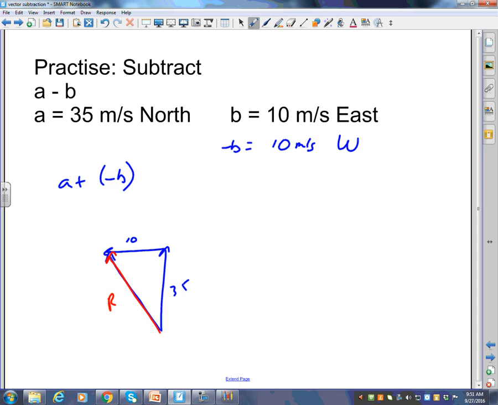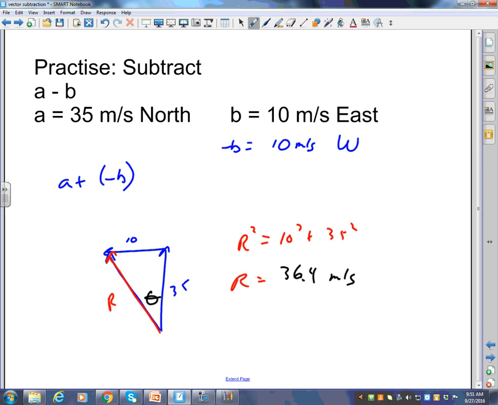There's the R. R squared is 10 squared plus 35 squared. I get 36.4. That's going to be meters per second.